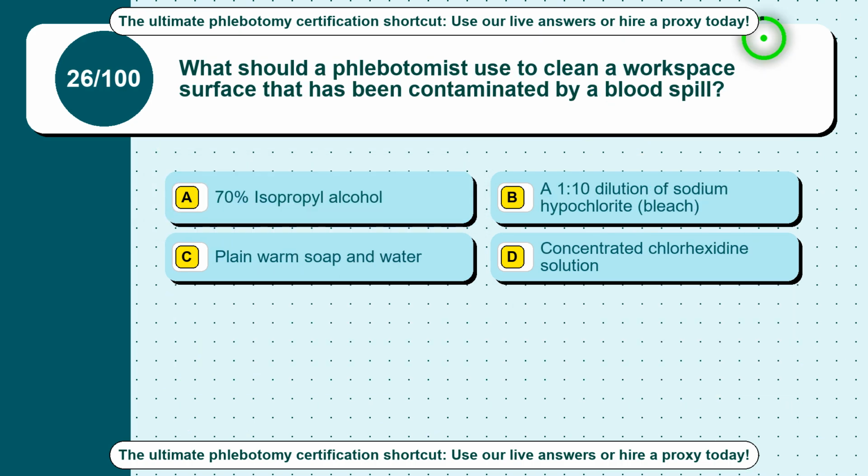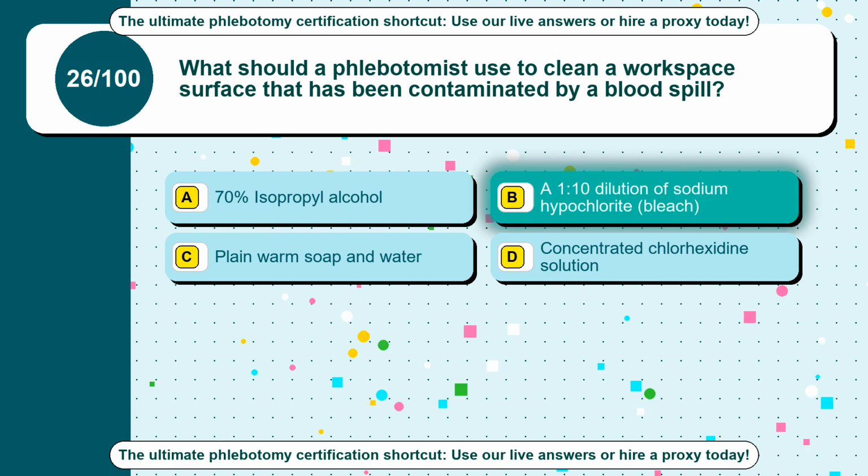Question 26. What should a phlebotomist use to clean a workspace surface that has been contaminated by a blood spill? Option A, 70% isopropyl alcohol. Option B, a 1:10 dilution of sodium hypochlorite, bleach. Option C, plain warm soap and water. Option D, concentrated chlorhexidine solution.